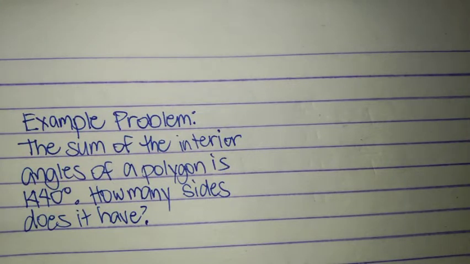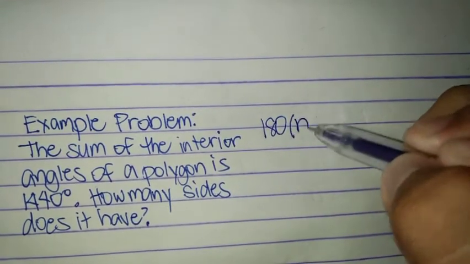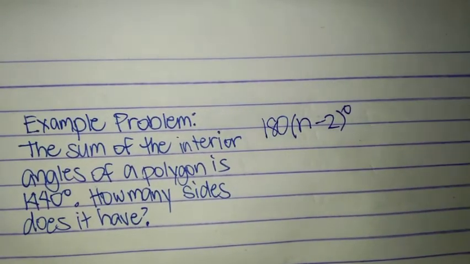We have another example problem, and this time, we're looking for the number of sides instead of the sum of the interior angles. So the problem goes as follows. The sum of the interior angles of a polygon is 1,440 degrees. How many sides does it have? So, we know that the formula for the sum of interior angles is 180 multiplied by quantity n minus 2 degrees.